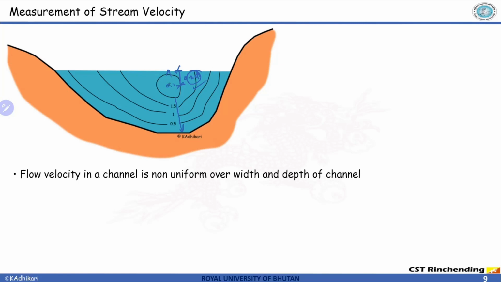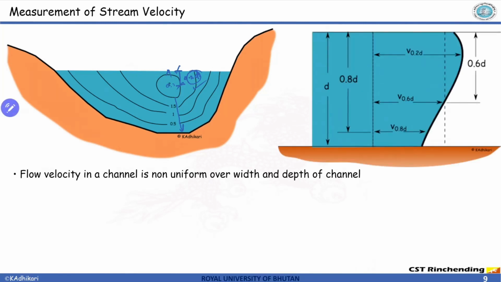So that is what I was explaining here. At 0.2 d, if this is the complete depth, the velocity in this region is highest, and the velocity goes on decreasing. What we are interested in is the average velocity, indicated by this dotted line.